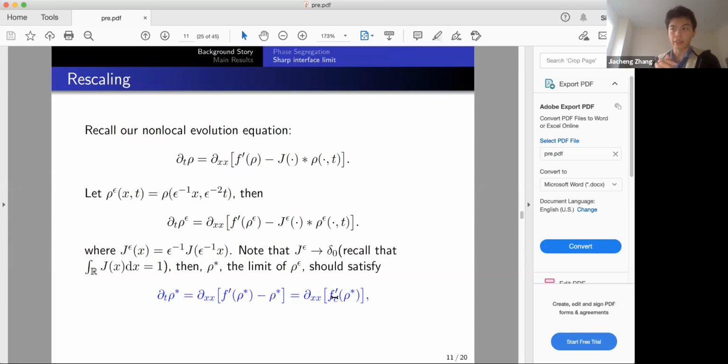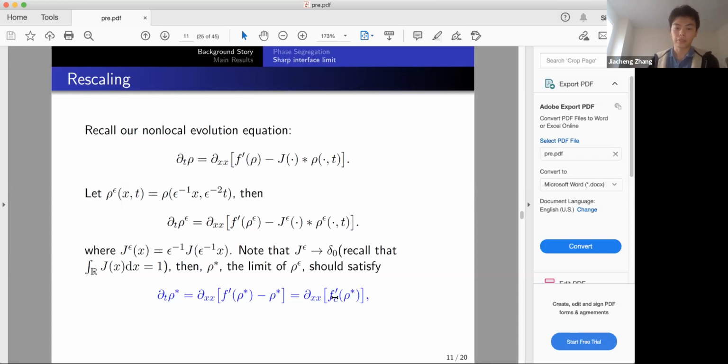Not exactly, I guess. So there are many details about this j. In order to have this sharp interface limit, I guess the most natural assumption would be that j is symmetric around 0, but I didn't put this in the slide since I don't think, at least for now, it's that important here.